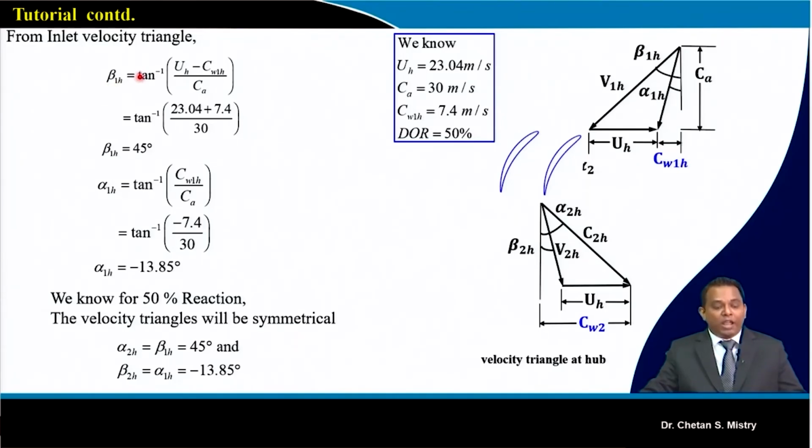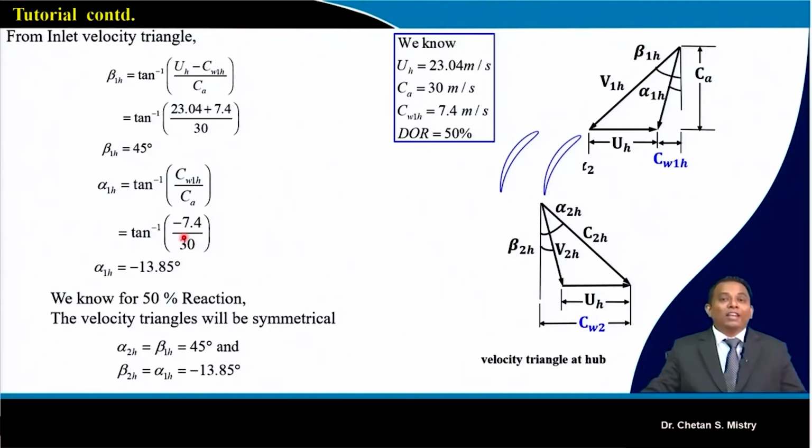My beta 1 at the hub, we can calculate it is UH minus CW1H. Since this is what is in negative direction, you can say that's what is getting added up here. This is what you need to take care of. That's what is giving me my beta 1 at the hub as 45 degree. Same way we can do our calculation for alpha 1, that is coming minus 13.85.